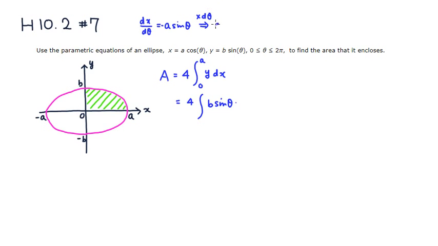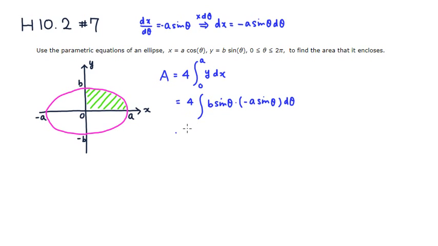So dx is equivalent to negative a sine of theta d theta. We're going to put negative a sine of theta d theta.